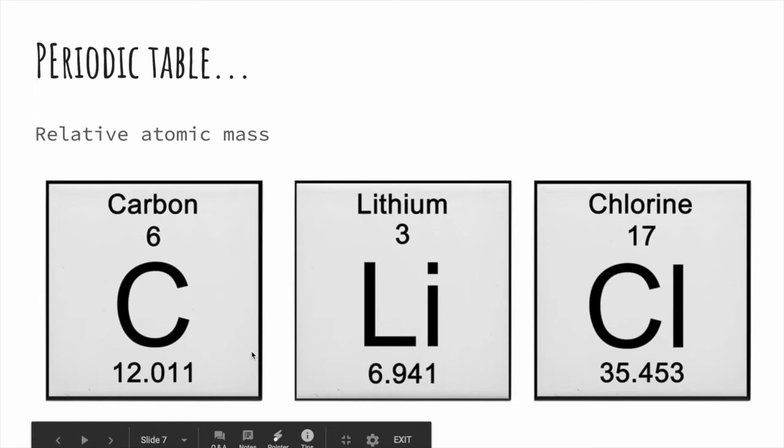It's very rare though, and so it's barely over 12. The vast majority of isotopes of lithium have a mass number of 7, but very few of them have 6, and so it just drags it ever so slightly in that direction, and so on. We'll look at the numbers, it'll make more sense.